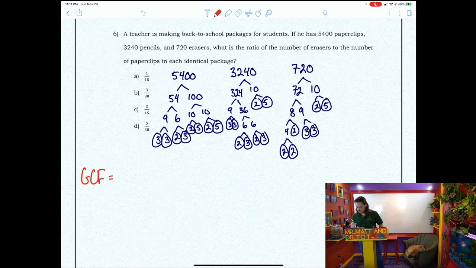Oh, excuse me, 2 occurred 4 times in 720, but we're taking the least number of times, so we're still going to just take 3 2's.